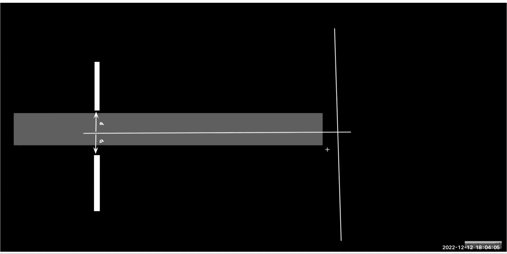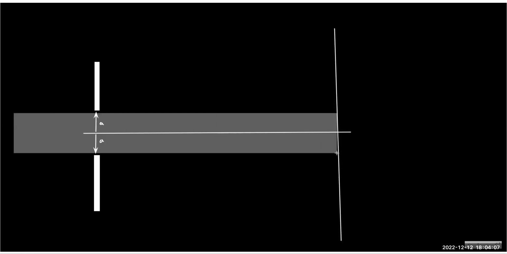The radius of this pinhole is given, right? This is the opening. You can call the radius as A. So when a parallel beam comes, what will happen? If there is no diffraction, it would have come exactly like this, isn't it?